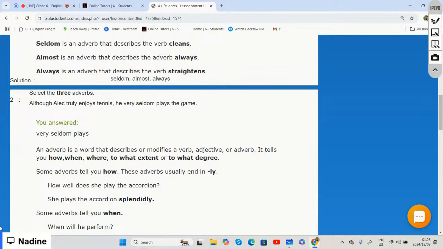So, although Alec truly enjoys tennis, he very seldom plays the game. We need to select the three adverbs within that sentence.